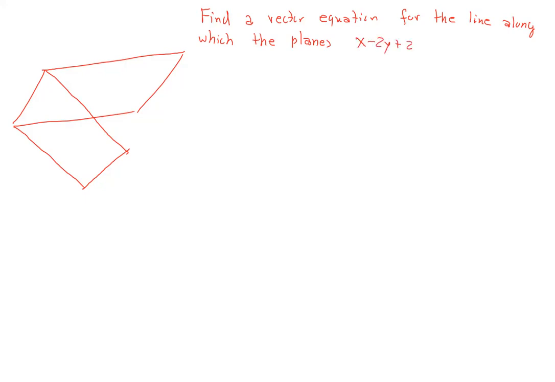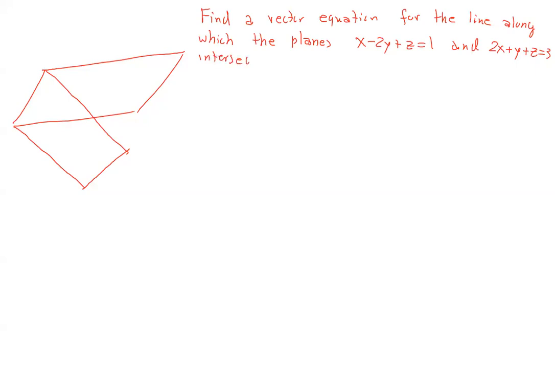So let's say, find a vector equation for the line along which the planes x minus 2y plus z is equal to 1 and 2x plus y plus z is equal to 3 intersect.